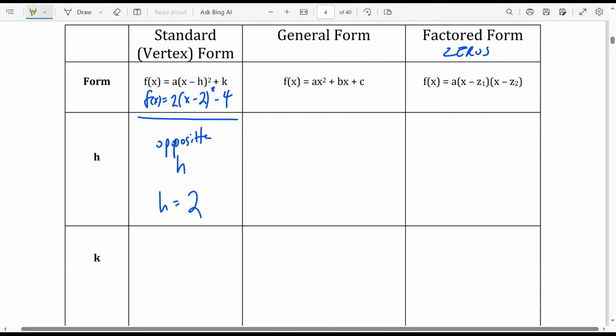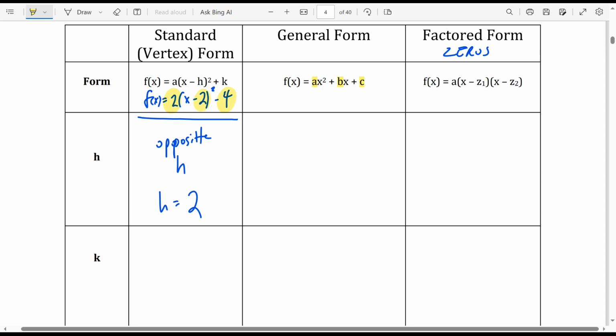Before we go any further, you'll notice when I put a value for a, a value for h, and a value for k, if I have all three of those parameters, then I have the rule. Same thing with this one here, a, b, c.